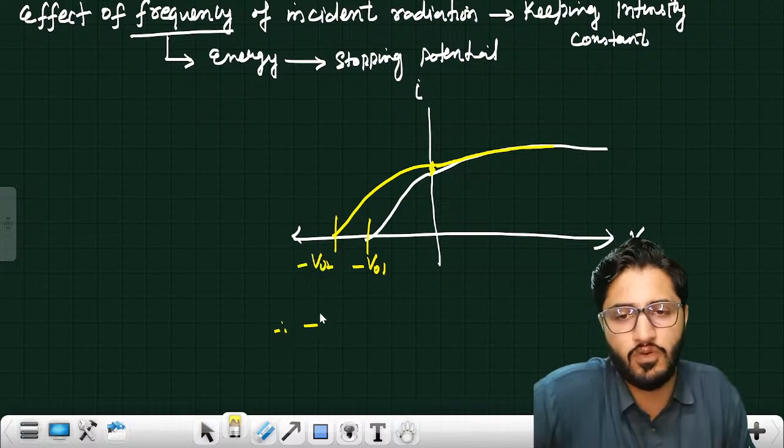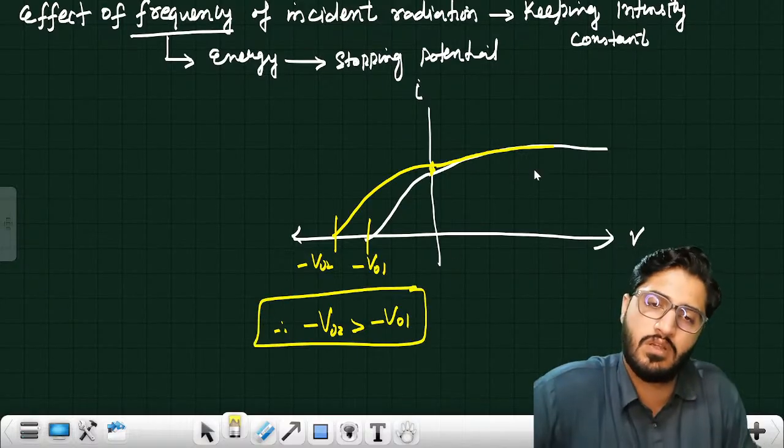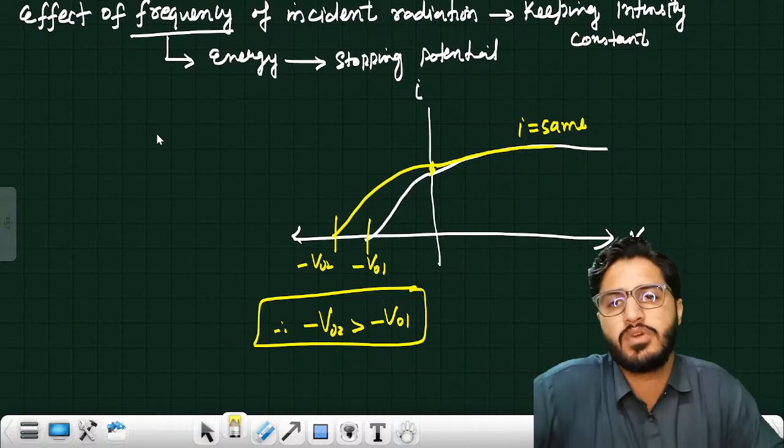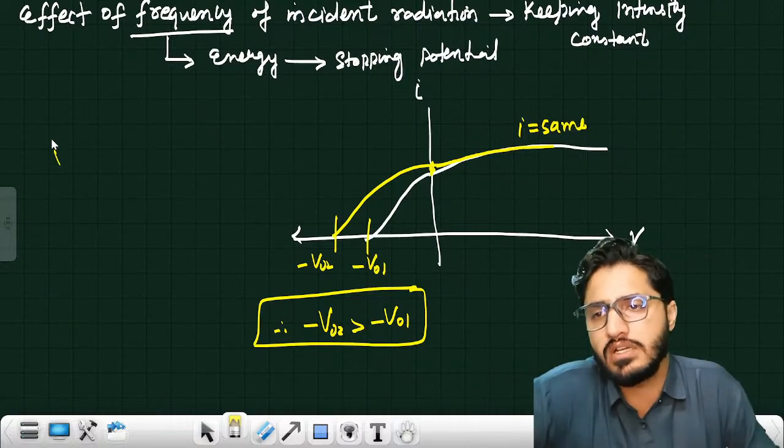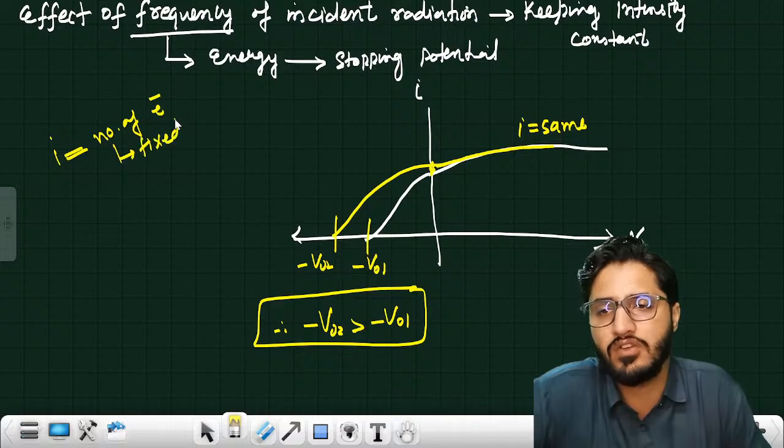So minus V naught 2 is more than minus V naught 1. But here, my current is the same. Why? Because the current depends on the number of electrons. So here, the number of electrons is fixed. If the number of electrons is fixed, you will write my current is fixed.